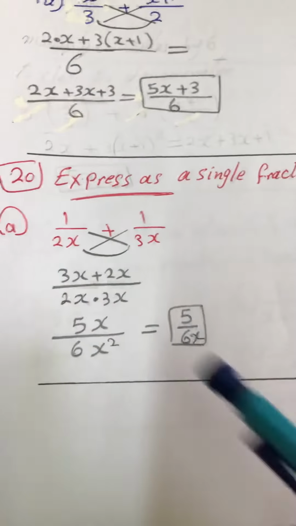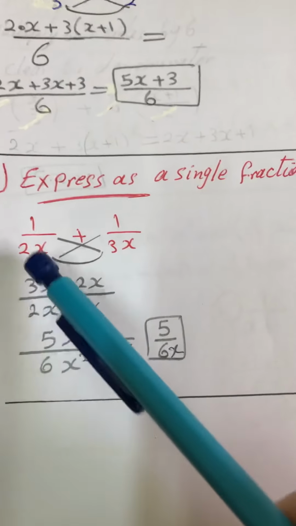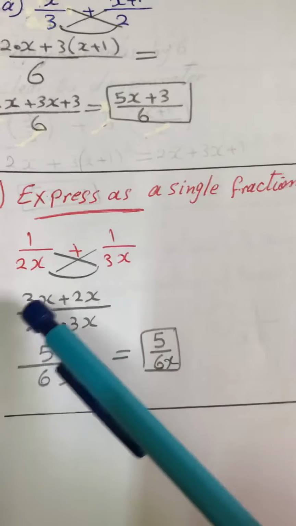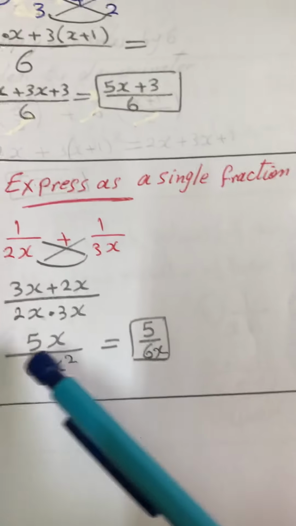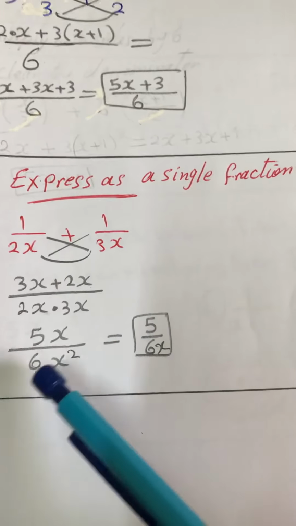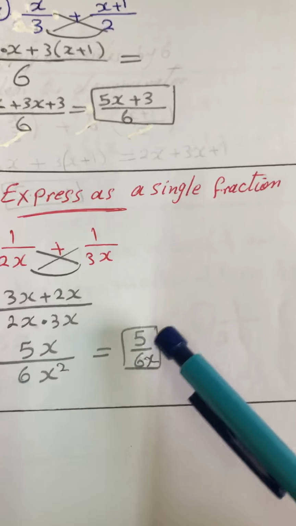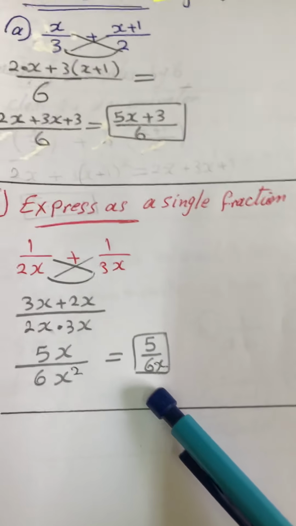Take care. And up 1 multiplied by 3x plus 2 multiplied by 2x multiplied by 1. 3x plus 2x equals 5x. And down 2 multiplied by 3 equals 6, x squared. I'll cancel x with 1x down. So the answer is 5 over 6x.